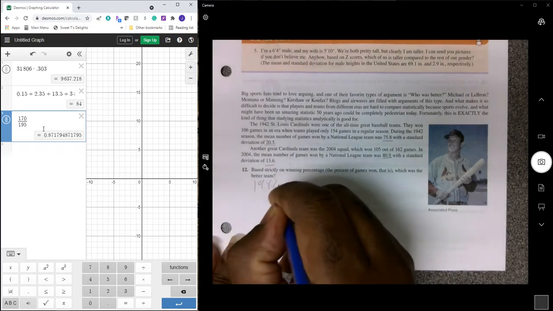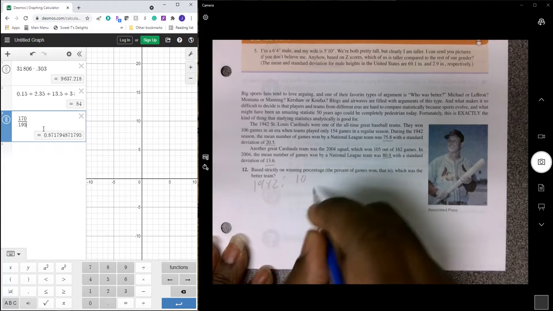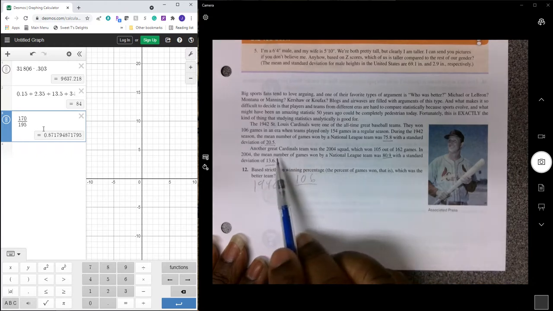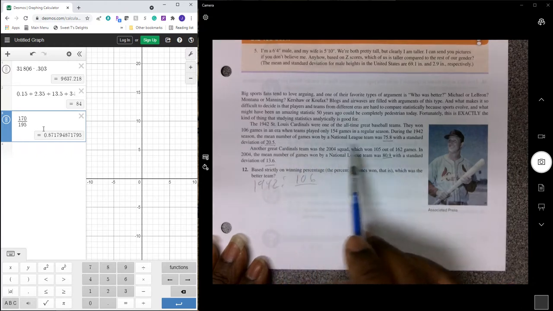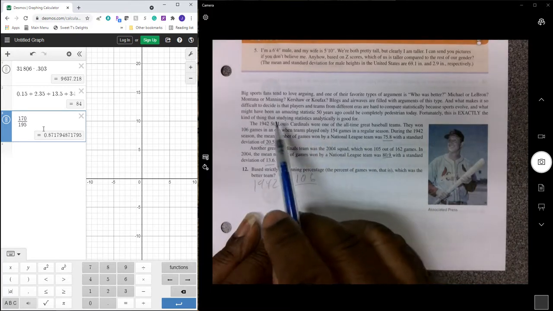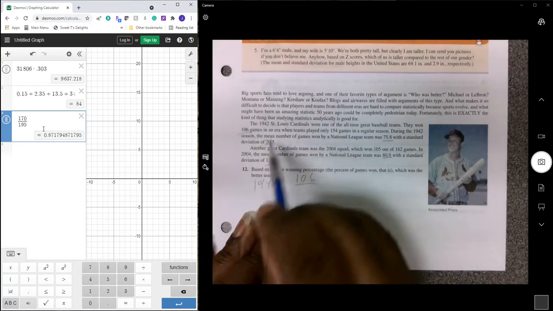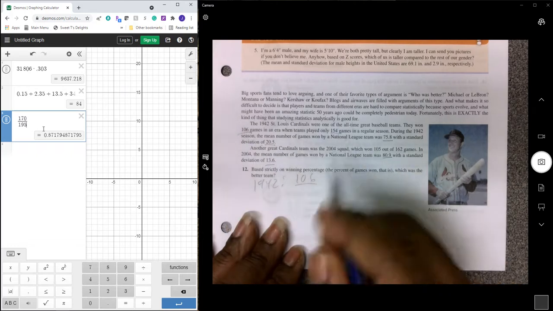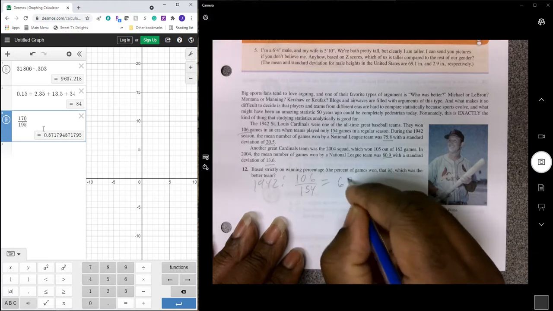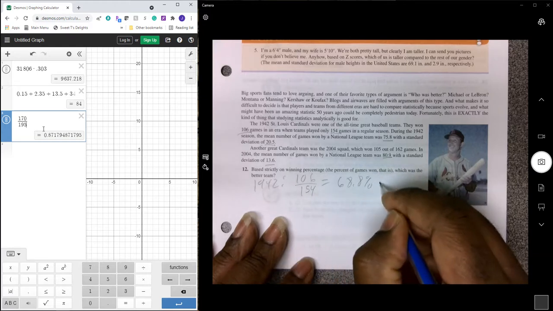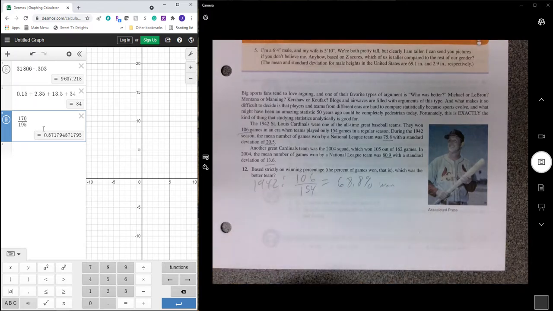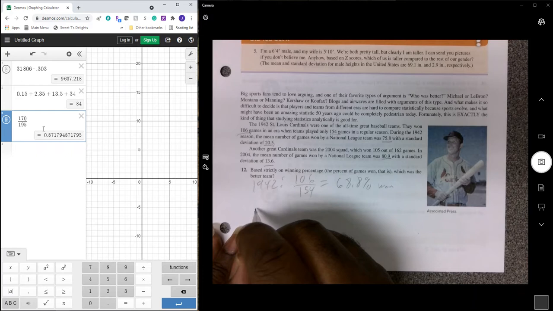So we had 1942, they won 106 games. No, wait a minute. I was supposed to underline this: 106 games out of 154 games. So that'll be approximately 68.8% won. You put that in your calculator to give you the decimal 0.688 and you round.